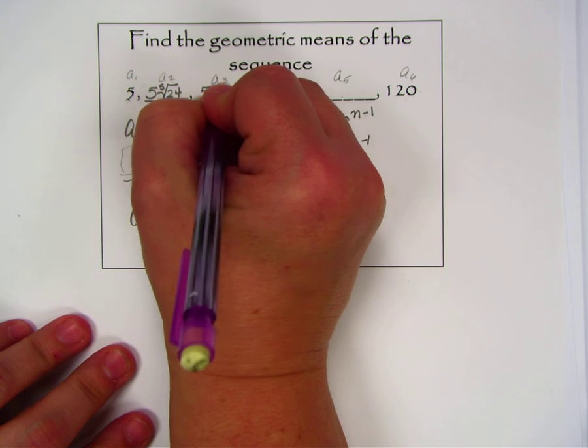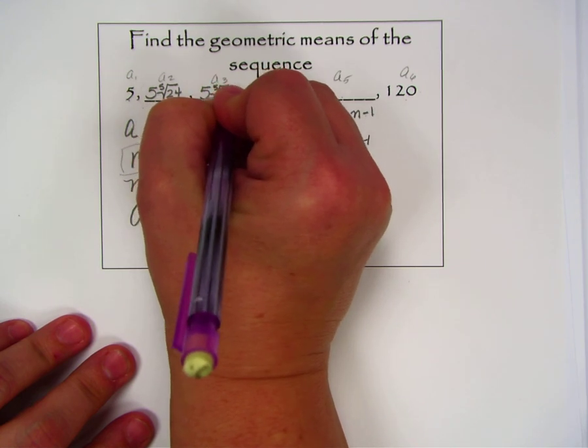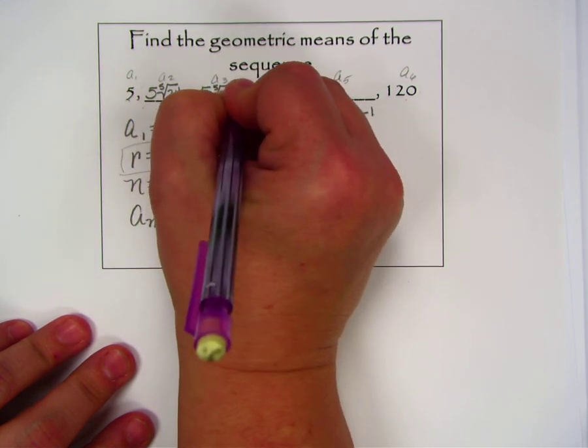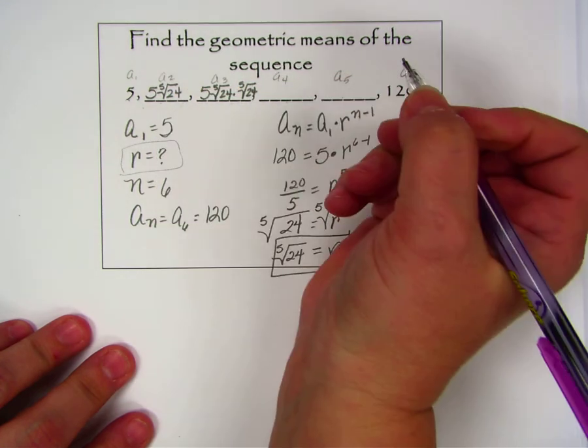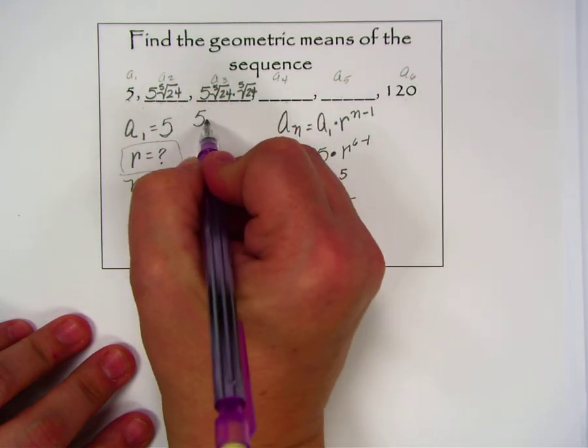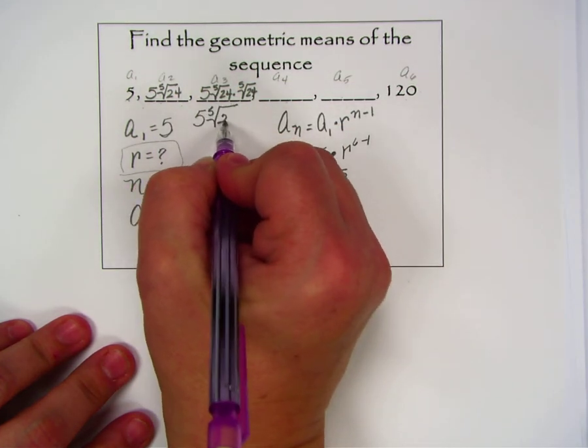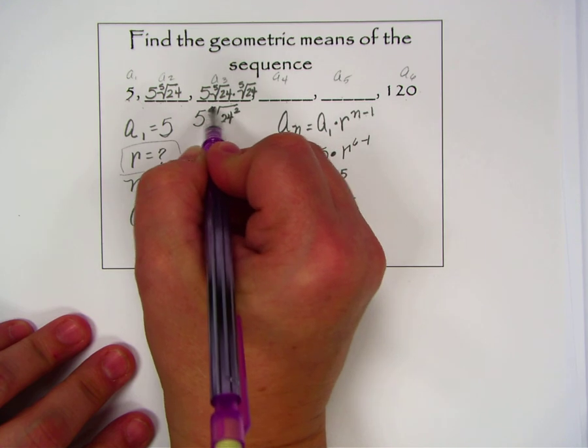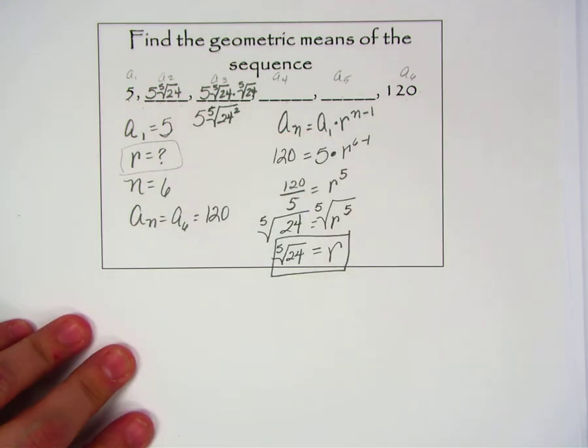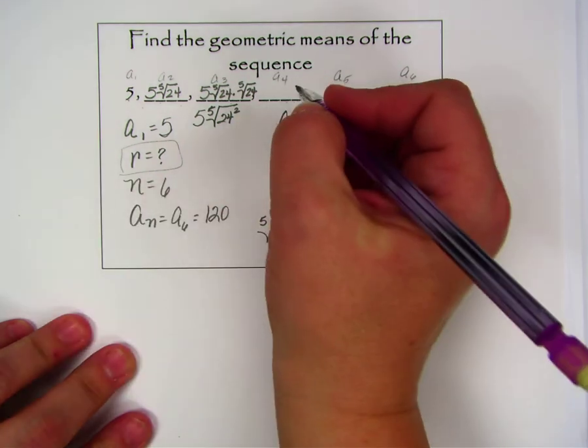So 5 on the 5th root of 24 times the 5th root of 24. So I could write that as the 5th root of 24 squared. Right? Yep. Everybody with me? No. What? Okay, carry on. I don't know what you're gonna do.